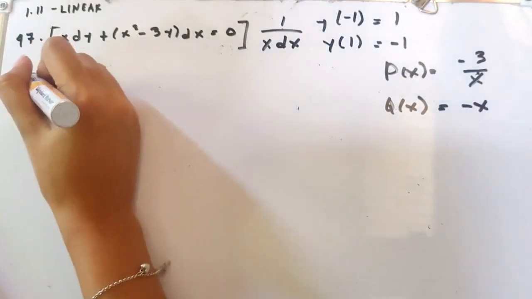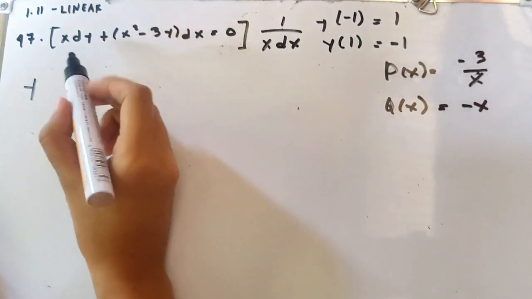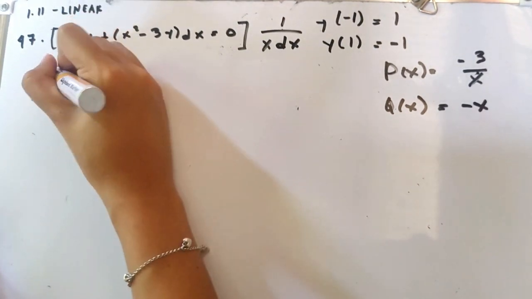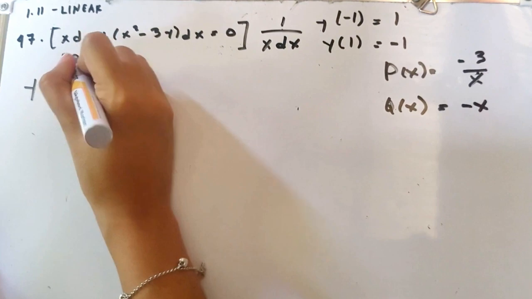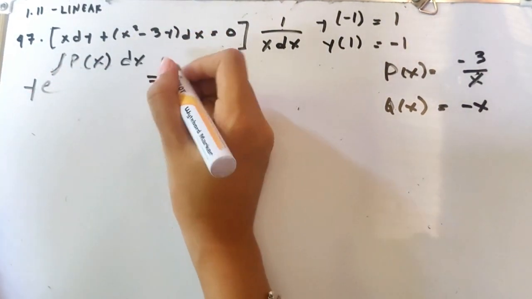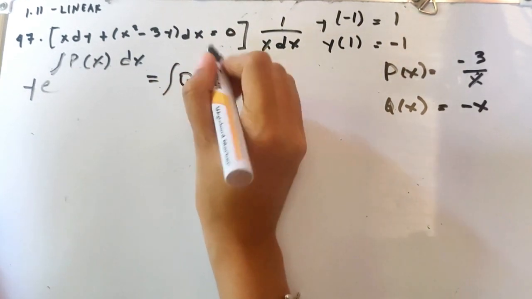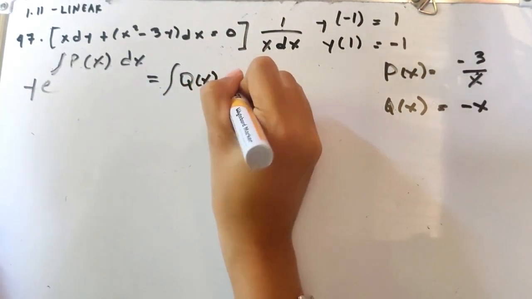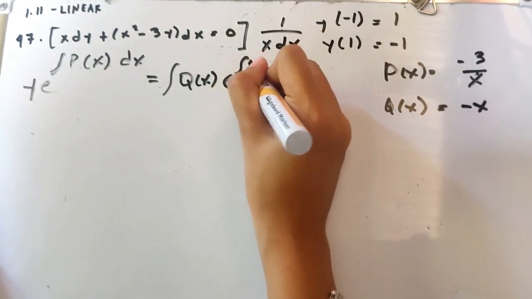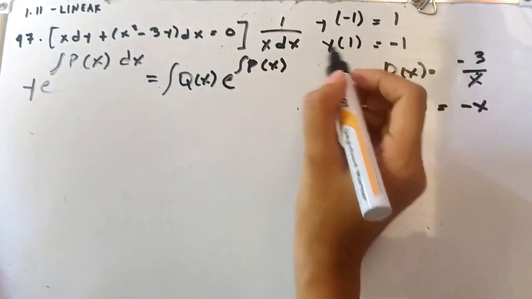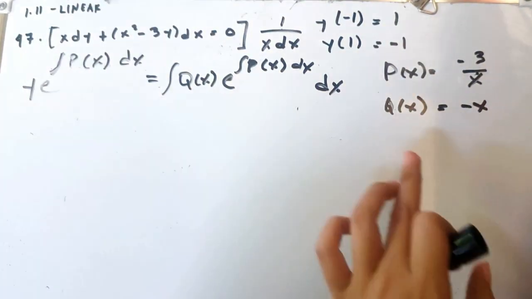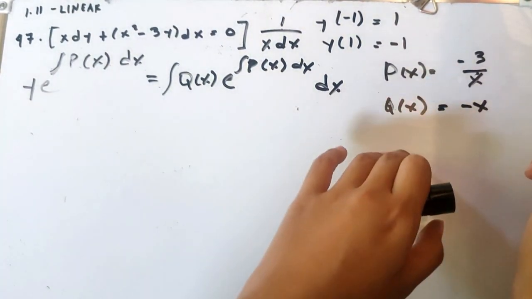So y e raised to the integral of p of x dx is equal to the integral of q of x e raised to the integral of p of x dx, dx. So we will now input the p of x and the q of x.